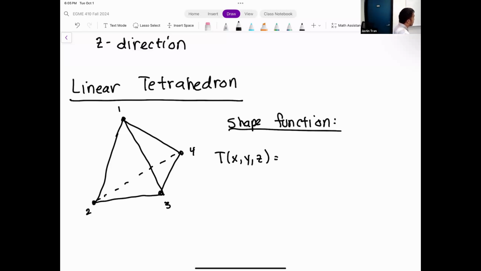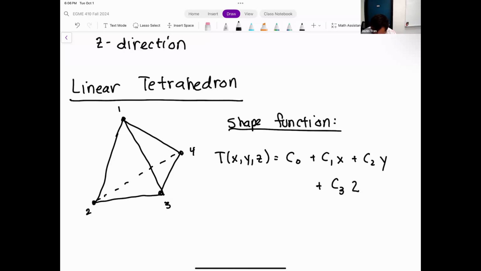Remember the relationship between the number of nodes in the element and its shape function: the number of terms in our shape function matches the number of nodes in our element. Since we have 4 nodes here, our shape function is going to have 4 terms. We have C0, the constant term that's always going to be there, plus C1x plus C2y.